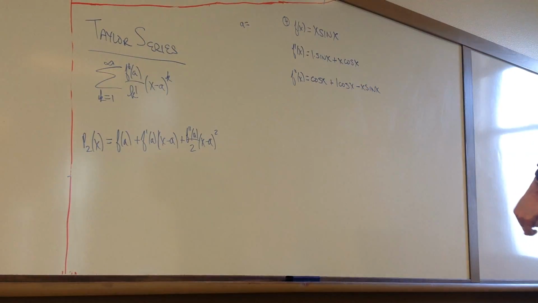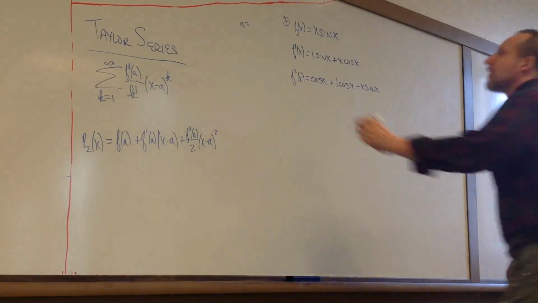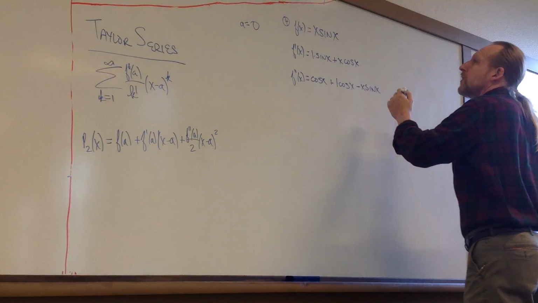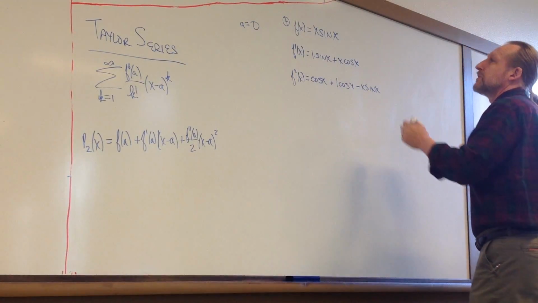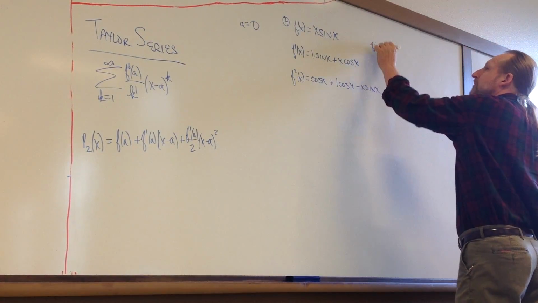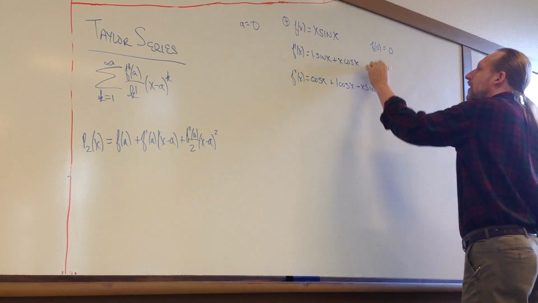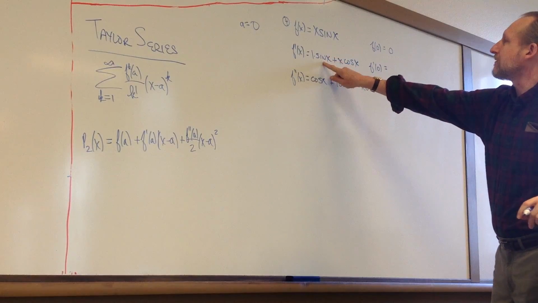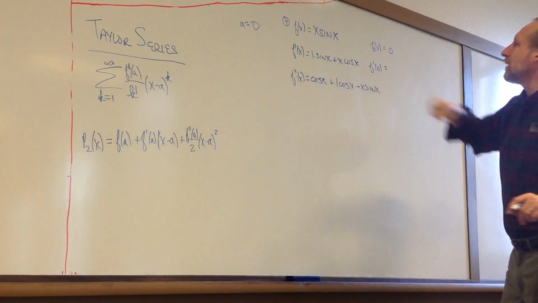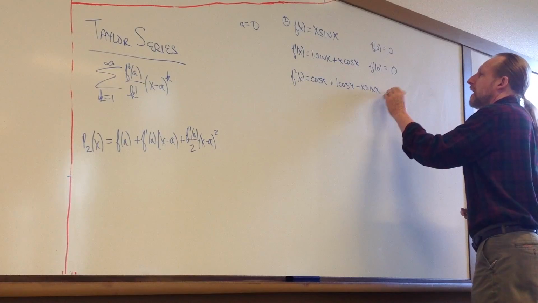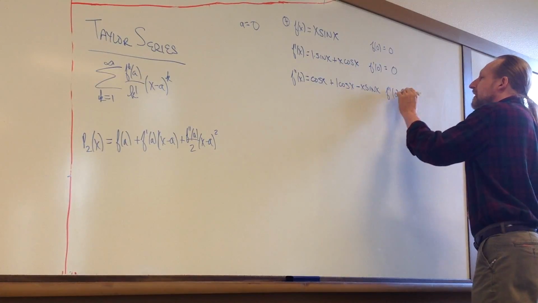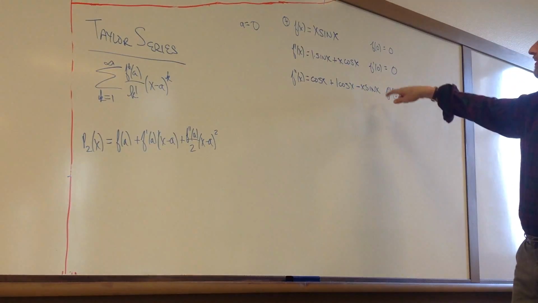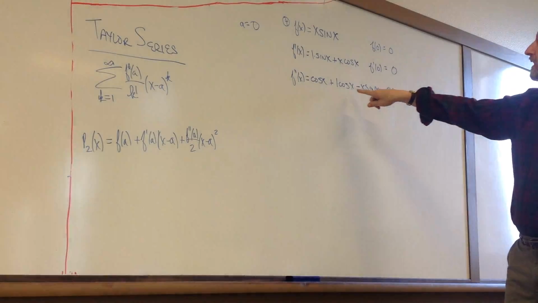What is our a value in problem 6? A is 0 in that one. So f of 0 is 0. F prime of 0, sine of 0 is 0, and 0 times cosine is going to be 0 again. The only place in this one where we get a coefficient is in the second derivative.